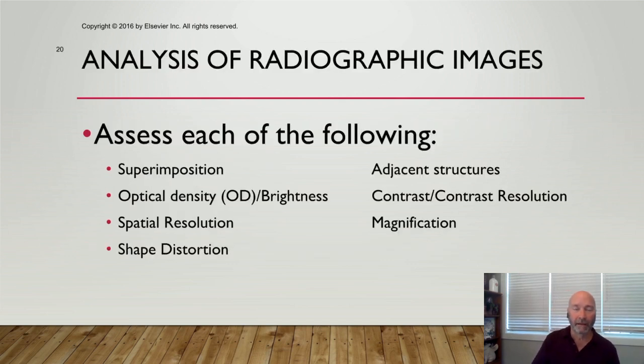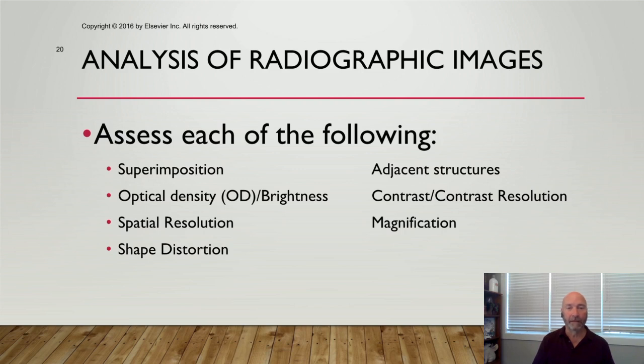So when an image is created, what we have to look for are: is there superimposition? Is the superimposition proper? If we have obliquity where obliquity is not supposed to be, then it may take our superimposition and put it where it should not be. Can we see optical density?